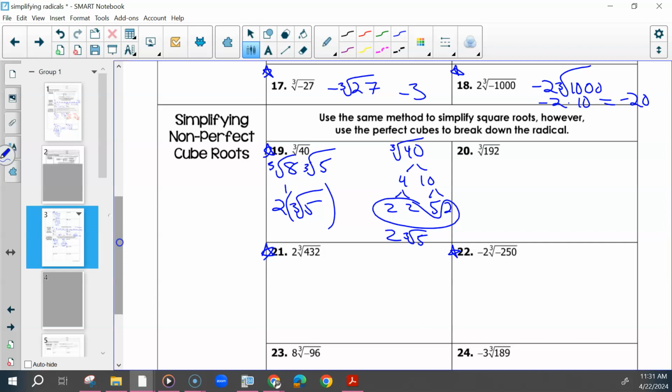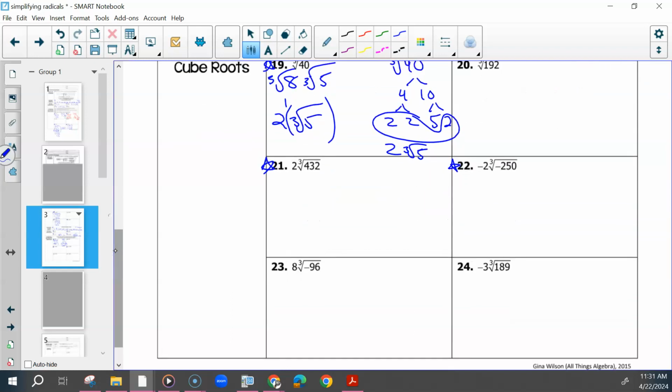Okay, let's try 21, doing both methods. Perfect cubes. What is the highest perfect cube that goes into 432? So start dividing 432 by each of your perfect cubes.